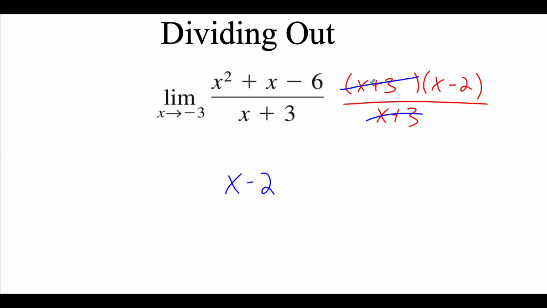So we divided out that factor of x plus 3, and now we can evaluate the limit of what's left over. If I do direct substitution now and plug in that -3, I end up getting -5, just like our table showed that we should get. So again, by canceling out this factor of x plus 3, we were able to come up with a limit that we could then solve using direct substitution.